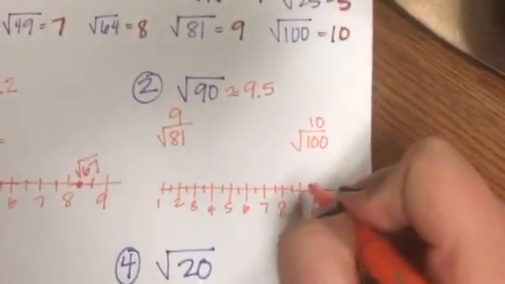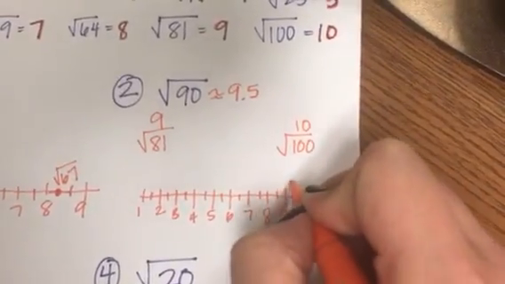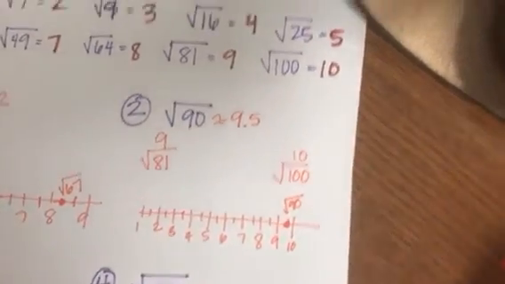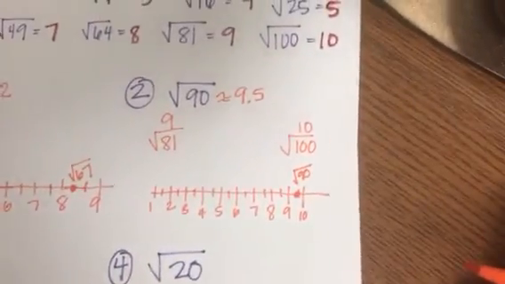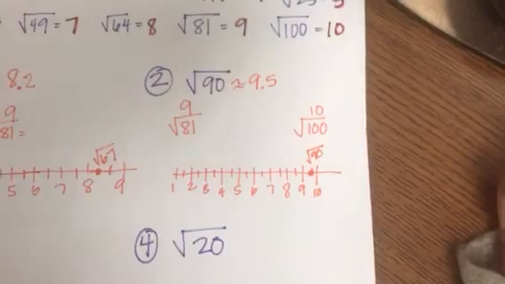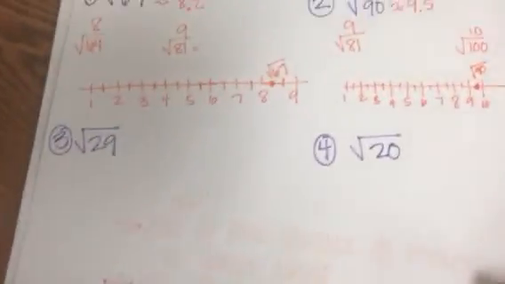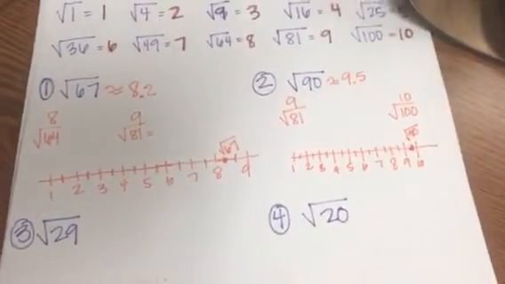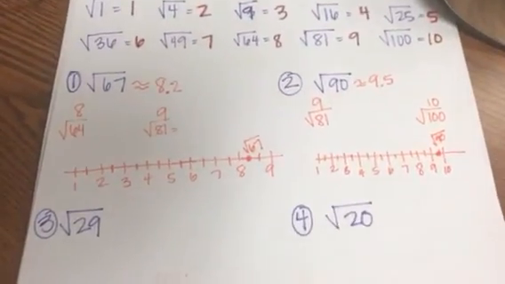So I would plot the square root of 90 right here in between 9 and 10, because I would say that's about halfway between both of them. For more practice, if you guys are still having a hard time understanding, let's go to the square root of 29.